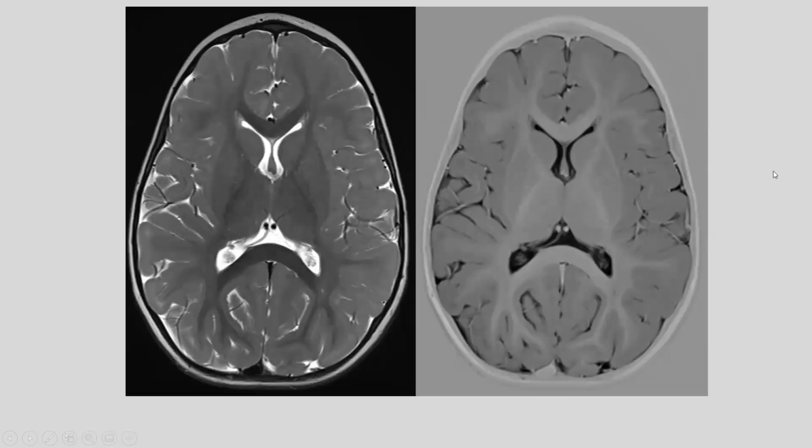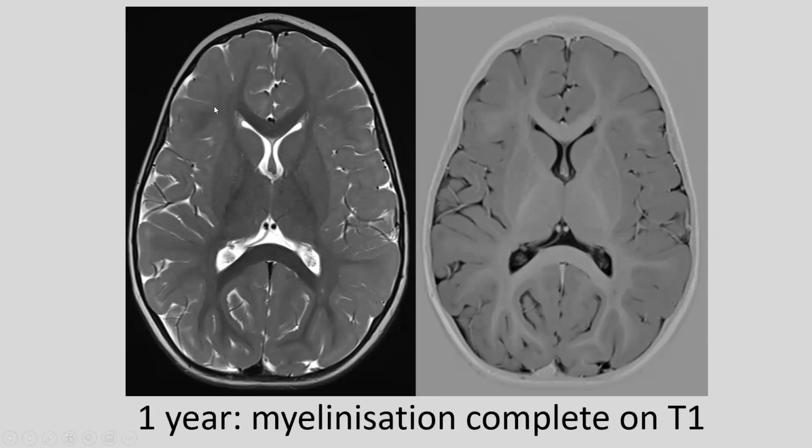When is myelination complete? Well, because T2 weighted images lag behind T1 weighted images, myelination will appear to be complete sooner on T1 weighted images compared to T2 weighted images. On T1 weighted images, myelination looks as if it's complete or as good as complete in a child of about 1 year old, but in a child of 1 year old, it still doesn't look completely myelinated on T2.